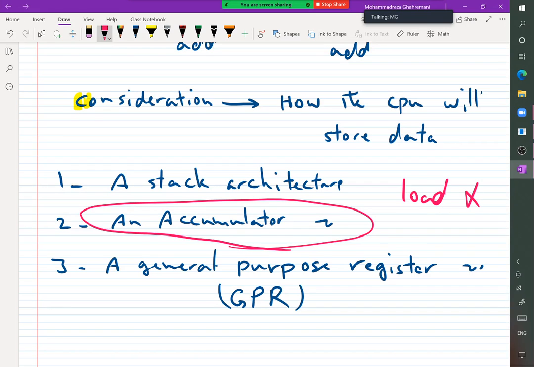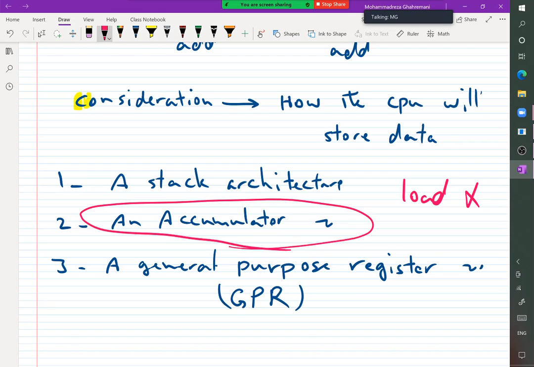So the microprocessor uses the second choice, the accumulator architecture. But we have two more choices, which are the stack architecture and general purpose registers. So in choosing one over the other, which one should we choose?